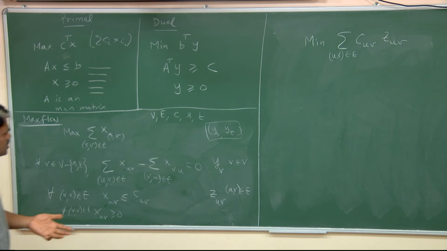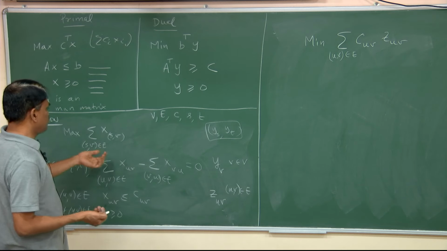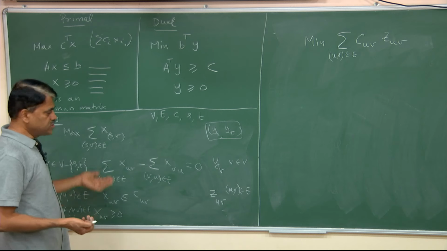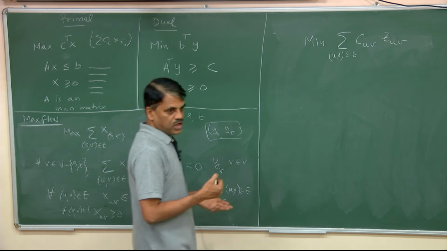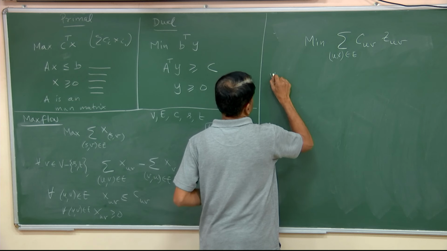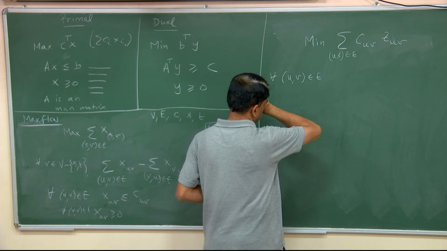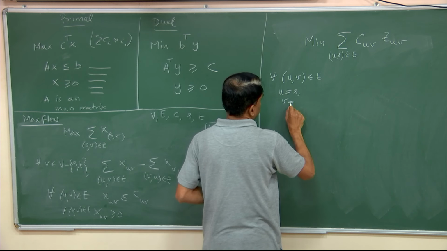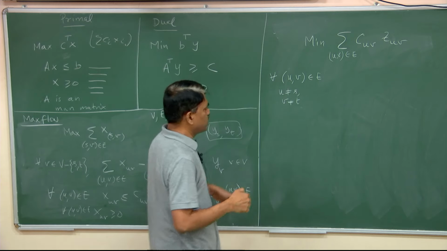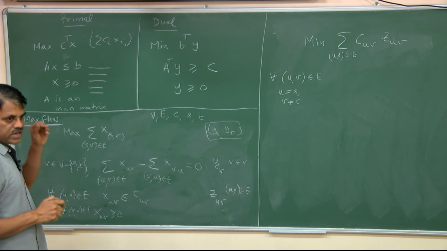And my dual constraints correspond to primal variables. For every edge there is a variable XUV, so the dual constraint should correspond to every edge. So for all UV in E, suppose U is not equal to S and V is not equal to T. We'll handle that first and then we'll look at edges out of S and edges into T, because the constraints are slightly different.